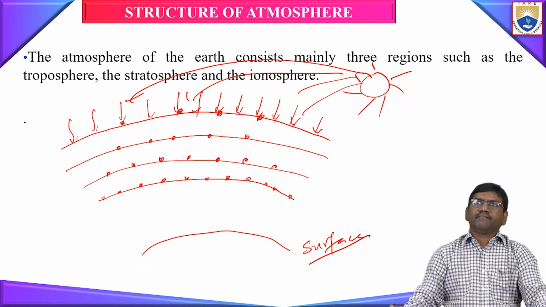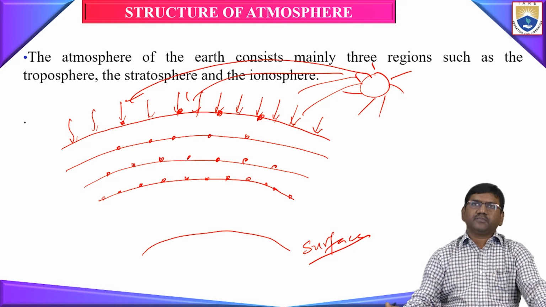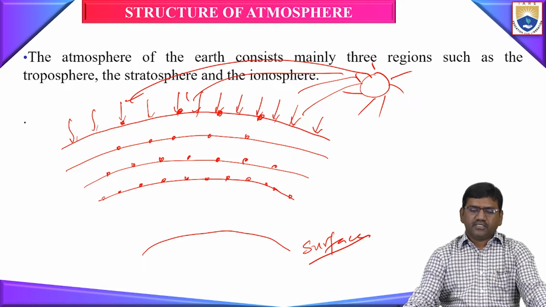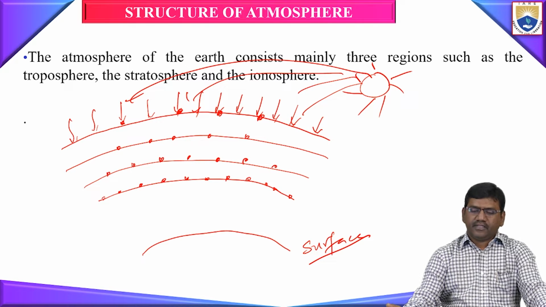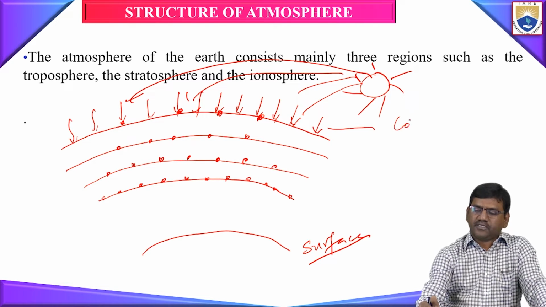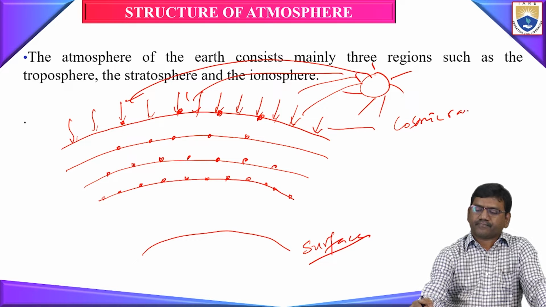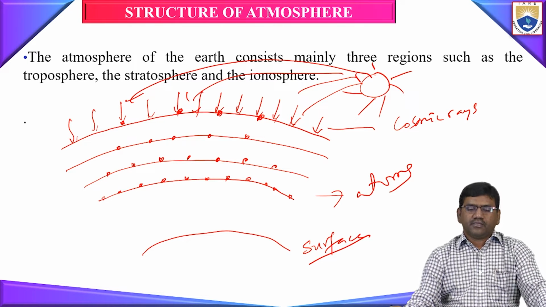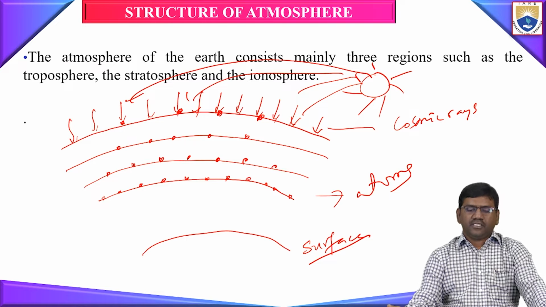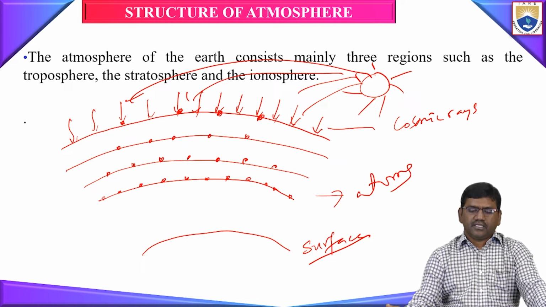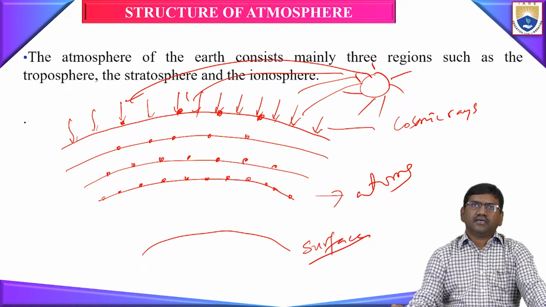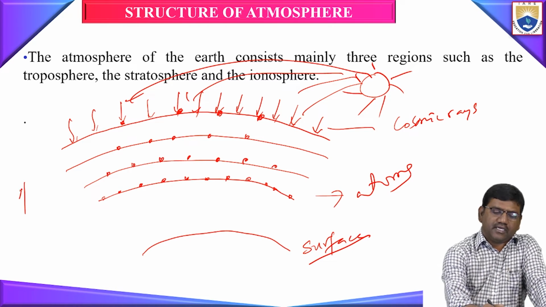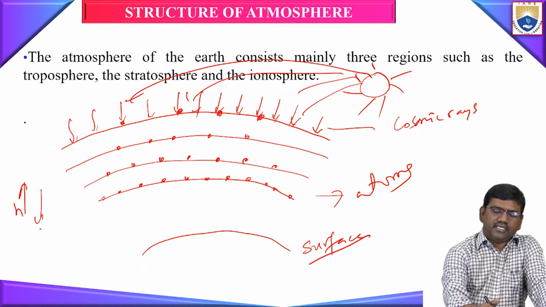The arrows we call cosmic rays, and the dots indicate atoms. So there are more atoms in the lowest layer, where the density is more. The density is less in the next layer, and as the height is increased, the density becomes very low.